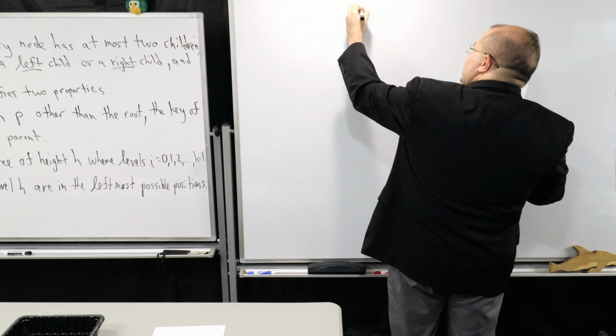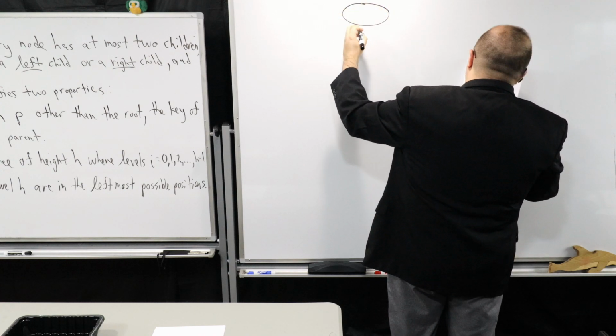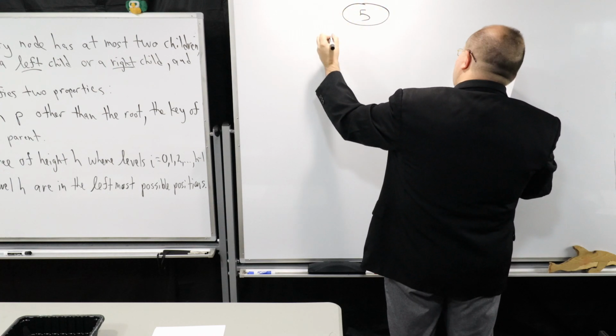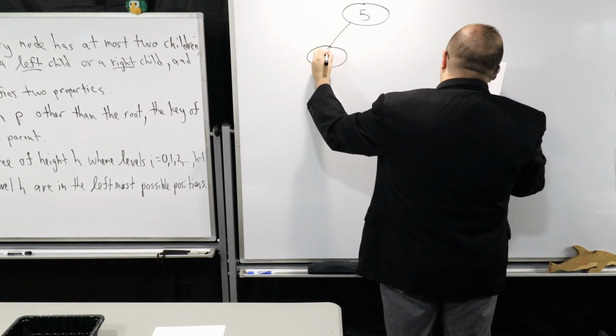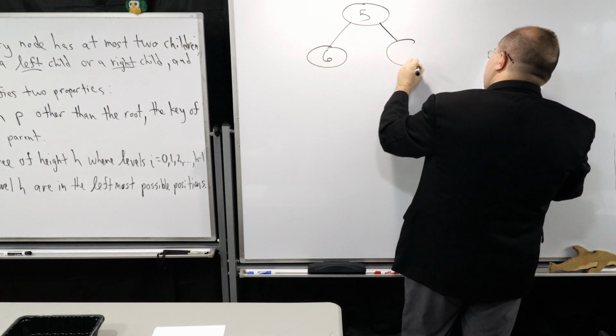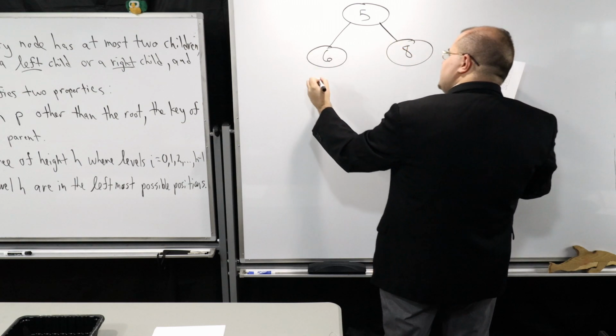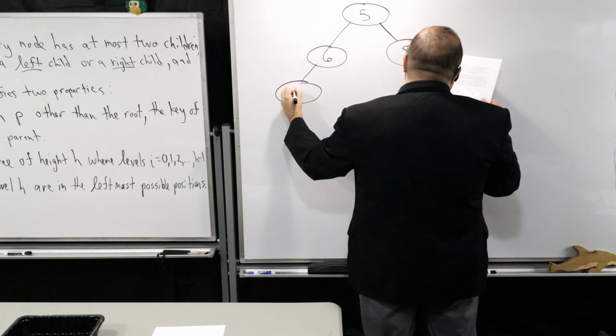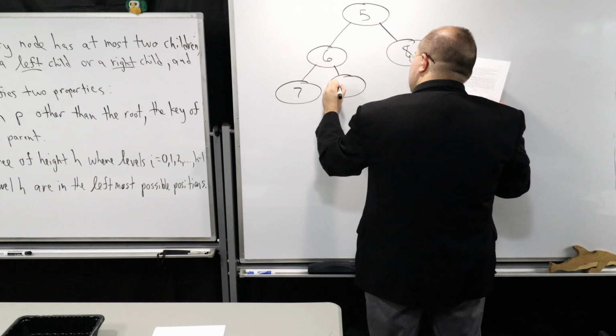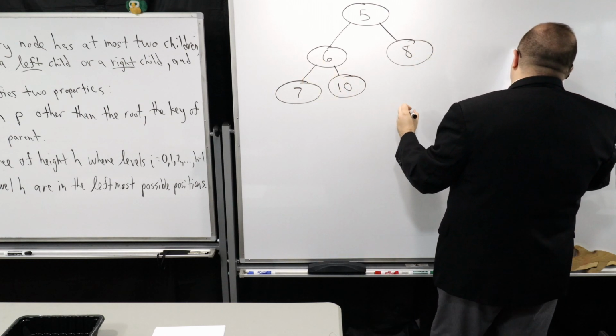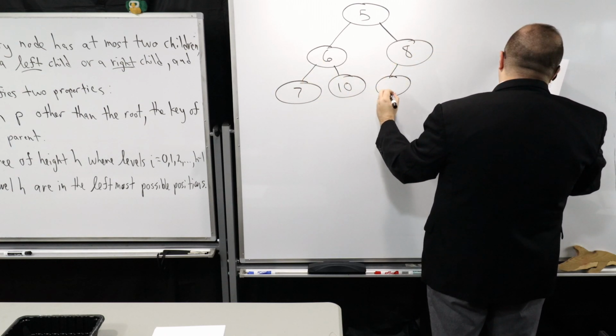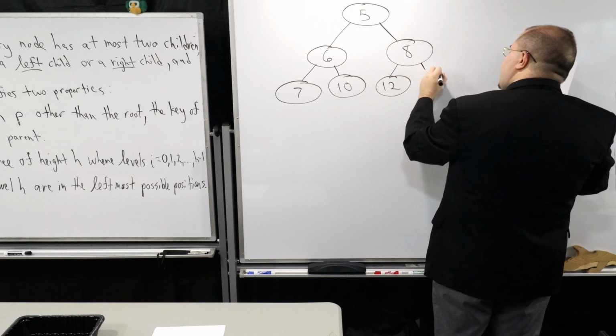So let me give you an example of one such heap. Imagine I have the root being 5. It's going to have a left child and a right child, 6 and 8. Then I'm going to have 7 and 10 as the children of 6. For the children of 8, I'm going to have 12 and 11.